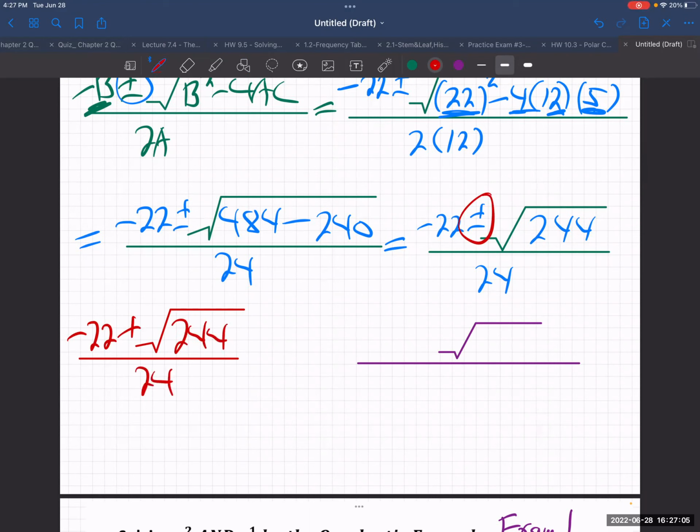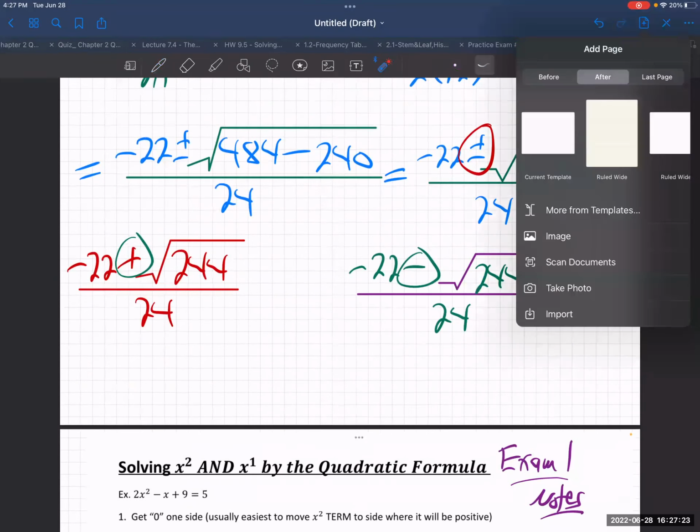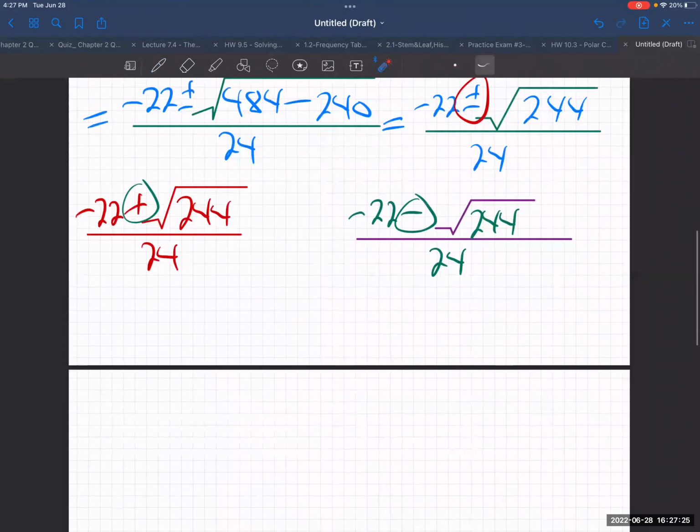The other is minus 22 minus the root of 244, over 24. See how I'm doing the 2 different options here with the plus and the minus options? And so now we just hit the buttons on our calculator. Now, when I say that, every calculator is a little different.